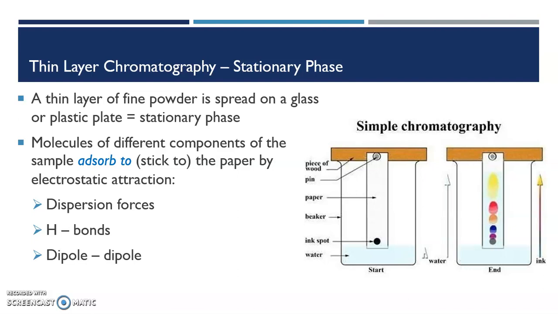What's electrostatic attraction? Basically, dispersion forces, H bonds and dipole-dipole. So it really depends on the polarity of the stationary phase and the polarity of the molecule itself. And through different kinds of intermolecular forces, then they have different adsorbance to the stationary phase.